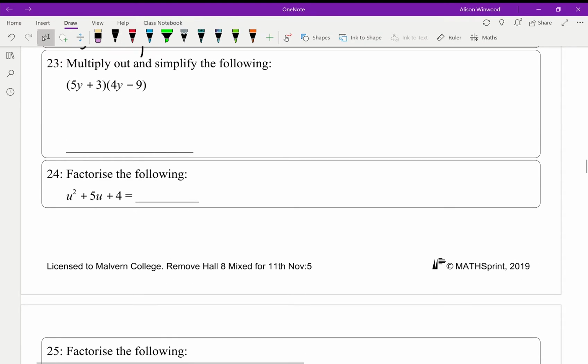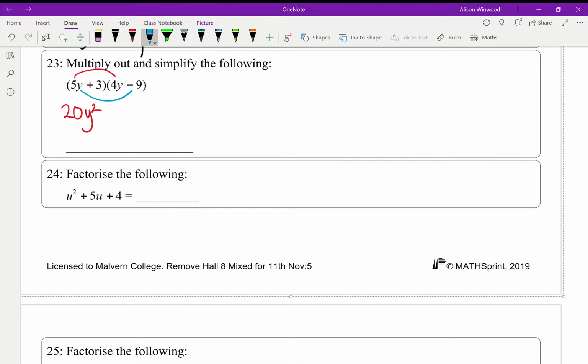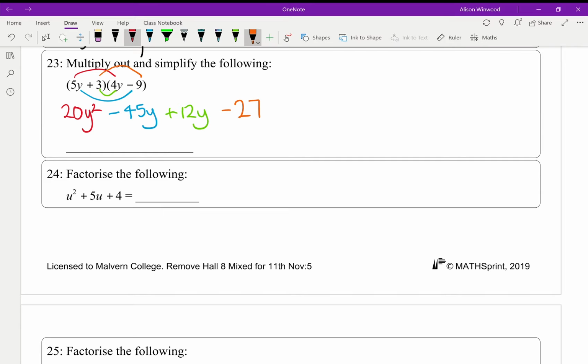And that works for the next one as well. So firsts, outers, inners, and lasts, and simplify. Put the middle two terms together, which is negative 33y.